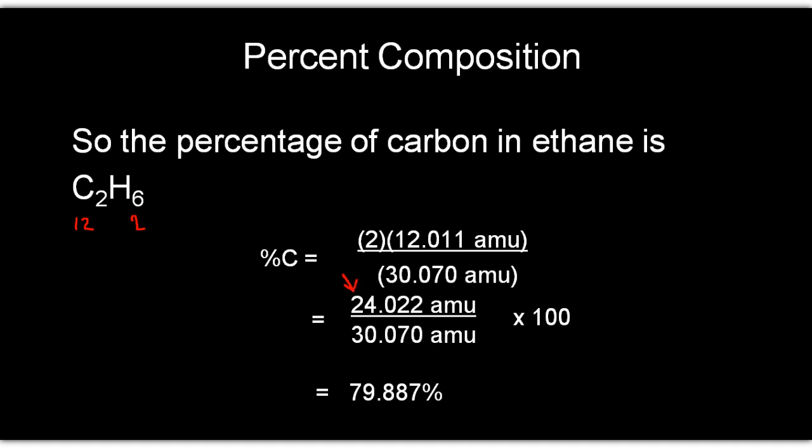Where does 30 come from? Add in 6 times 1. This is supposed to be a 1. That looks a lot like a 2. Scratch that out. We'll just say there, 1. So 24 plus 6 gives us about 30. Divide the part by the whole, multiply times 100%, and there we go. We have our answer.